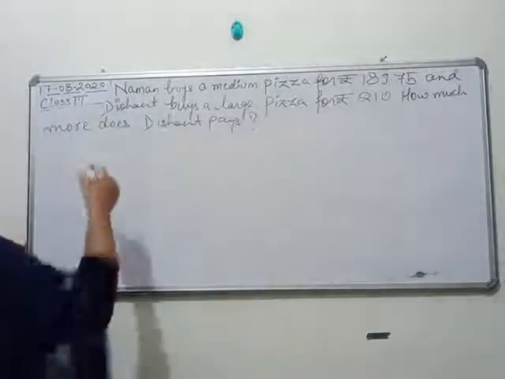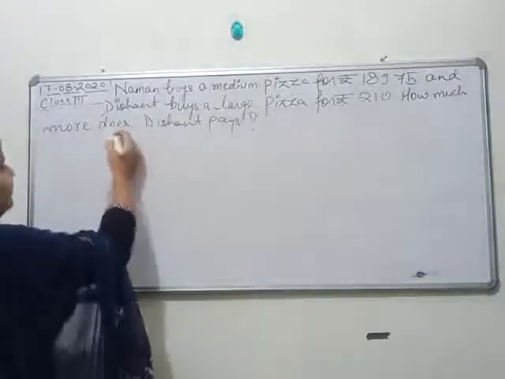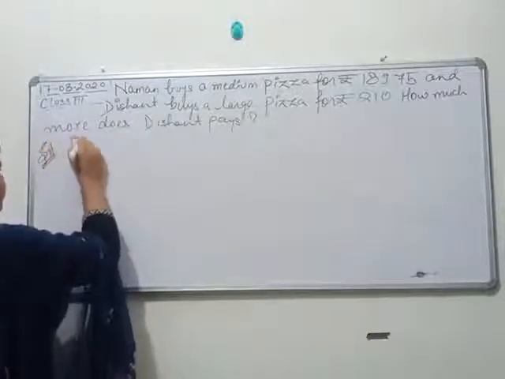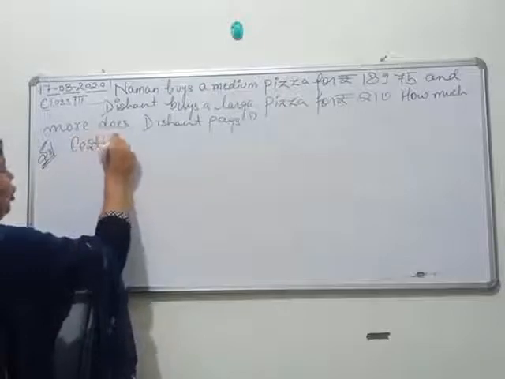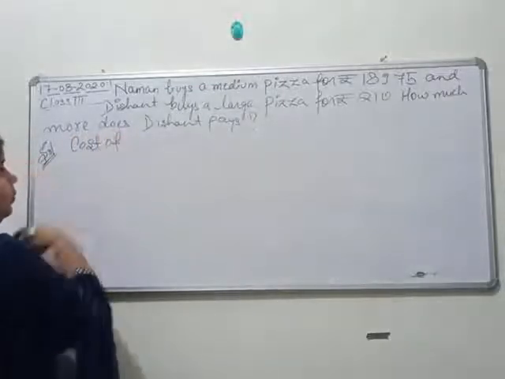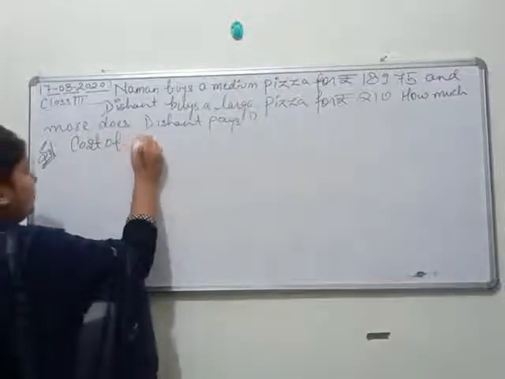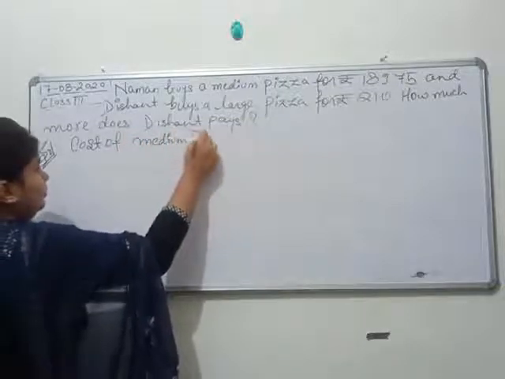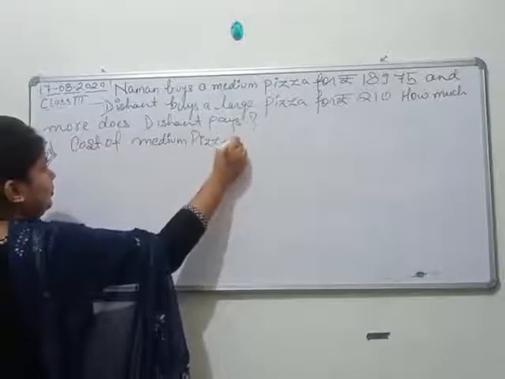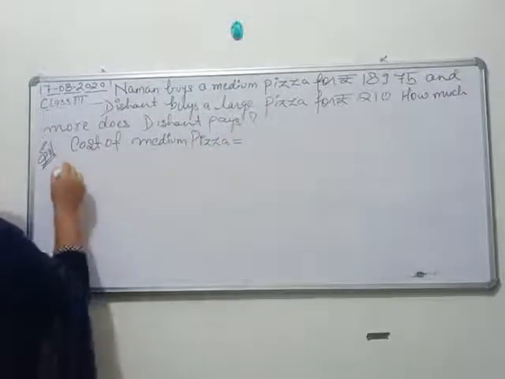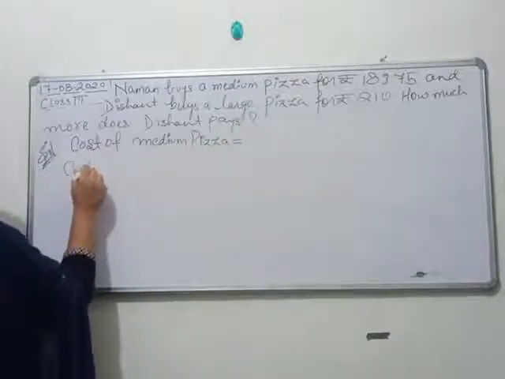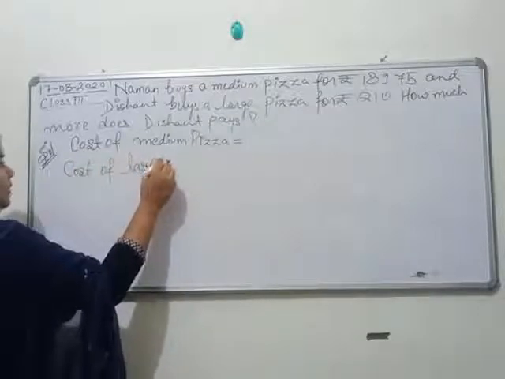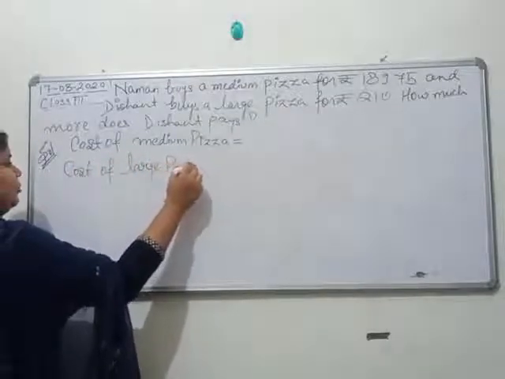Keeping the statement simple, we can go like, cost of medium pizza equals to, next statement will be cost of large pizza equals to.